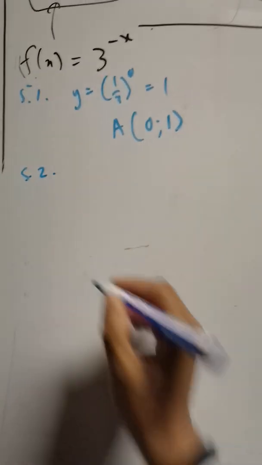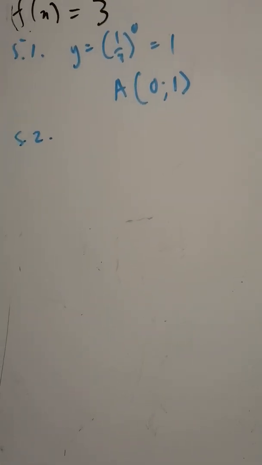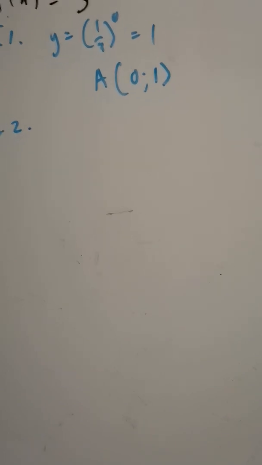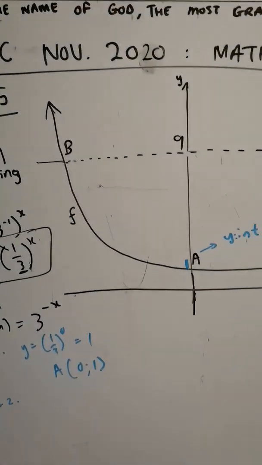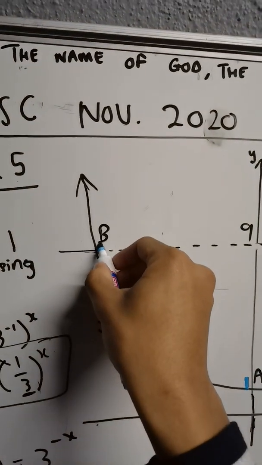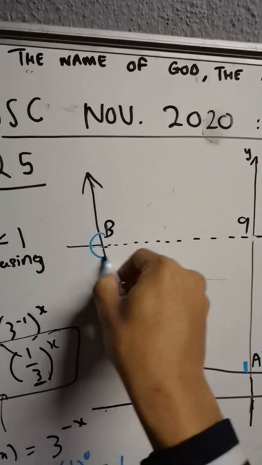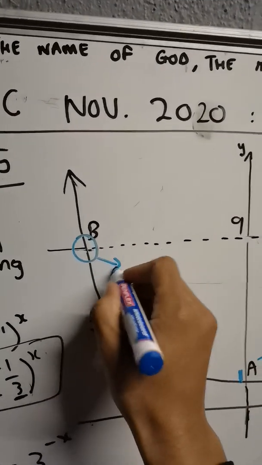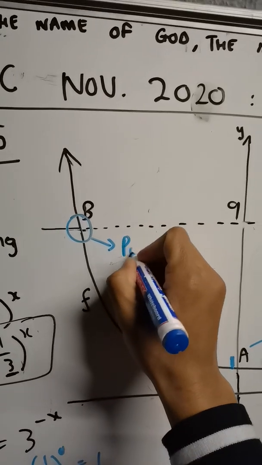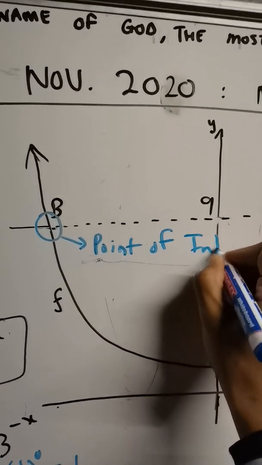Next question. Determine the coordinates of B. Now where's B? As you can see, they speak about a point of intersection. They say that B is a point of intersection.